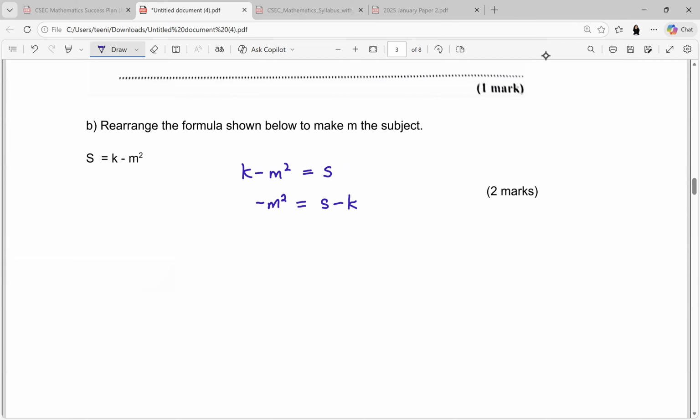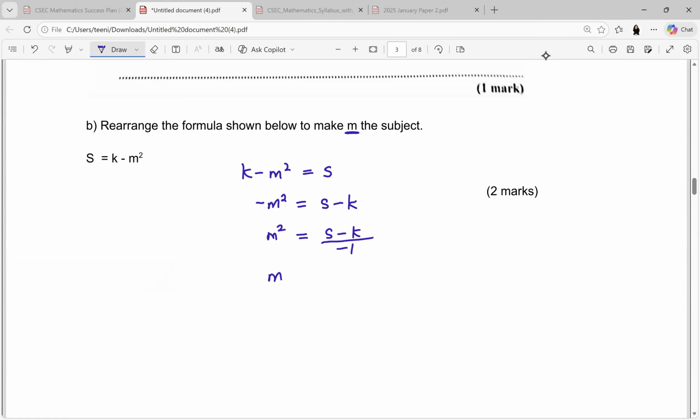Right? Now, I don't want negative M squared. I want M as a subject. So to get M as a subject, I can divide or multiply throughout by this negative 1. So I'm going to say M squared will be equal to S minus K divided by negative 1.